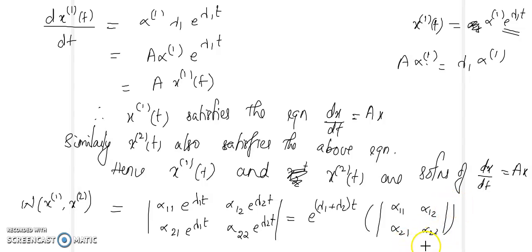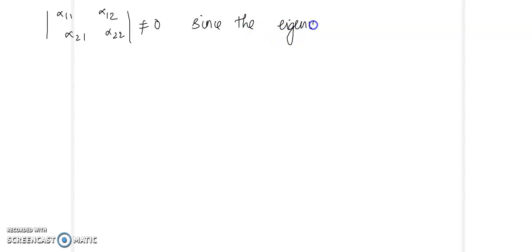Since these are components of our eigenvectors, and our eigenvectors are linearly independent, this determinant will be not equal to 0. So the determinant alpha 1 alpha 1 alpha 2 alpha 2 is not equal to 0 since the eigenvectors alpha 1 and alpha 2 are linearly independent.